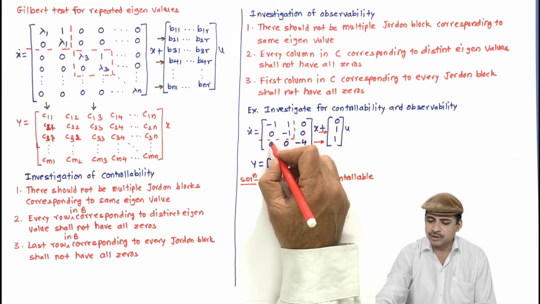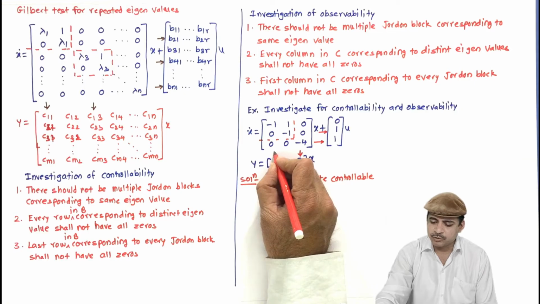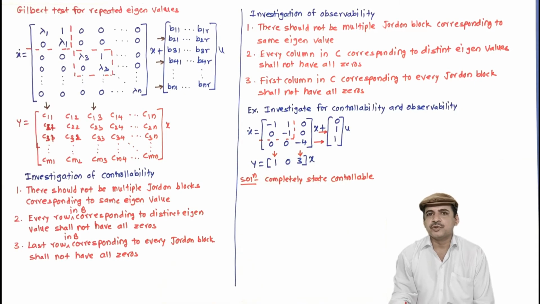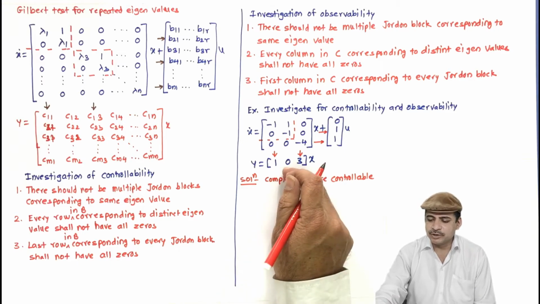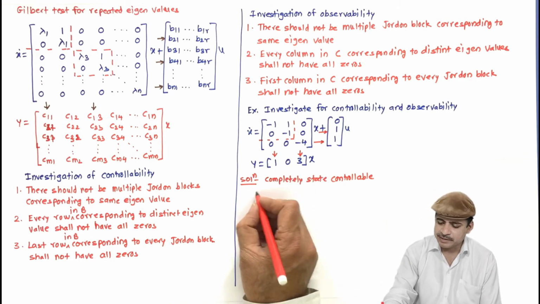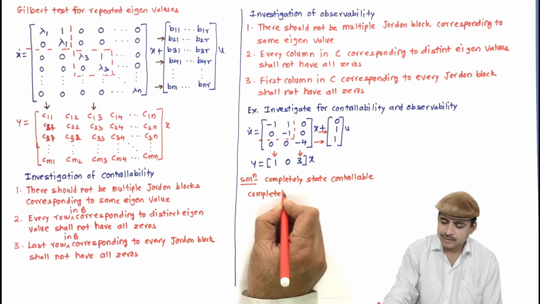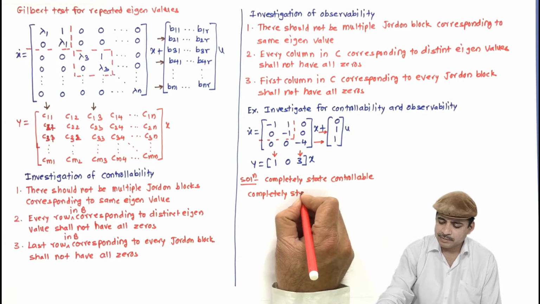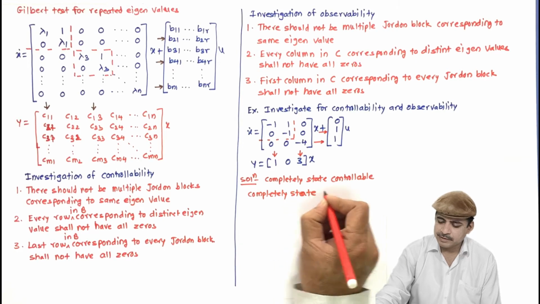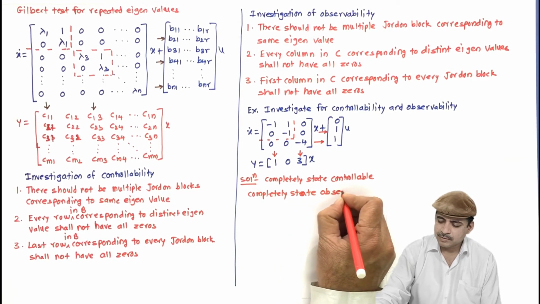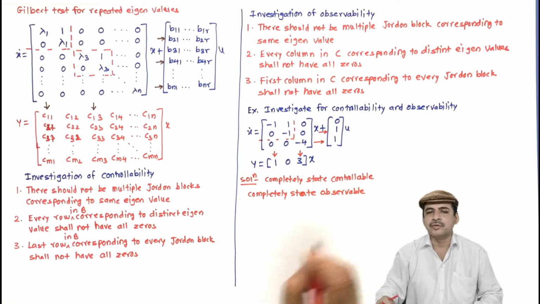So this is the Jordan block and the first column corresponding to it is this one. So this is also having non-zero elements. Even though this is 0, it makes no difference and hence the system is completely state observable.